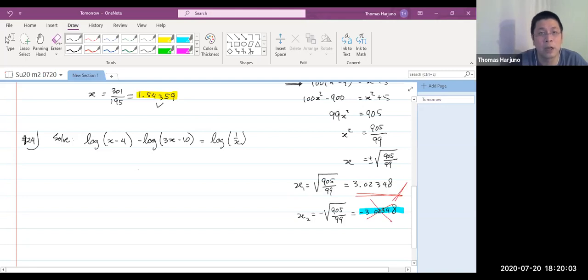On the left hand side, we get log, the difference of logs is the log of the quotient. And log blah equals log blah implies blah equals blah.